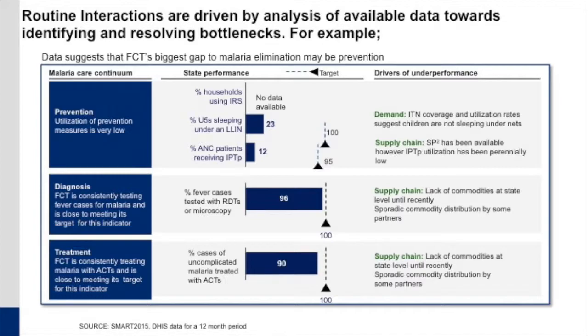We were unable to collect data on households using indoor residual spraying. We found that only 23% of children under 5 were sleeping on bed nets, and only 12% of ANC patients were receiving intermittent preventive treatment for malaria in pregnancy. In summary, we could easily see from this simple bottleneck analysis that the problem with Nigeria's malaria program at that time was prevention, not necessarily treatment. This pointed us in the direction in which we needed to intervene to achieve our malaria targets.